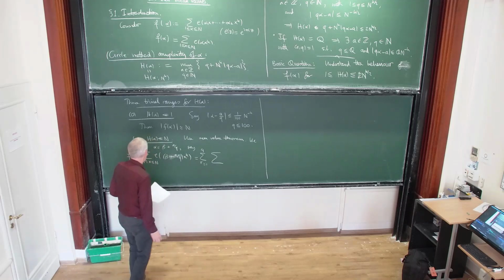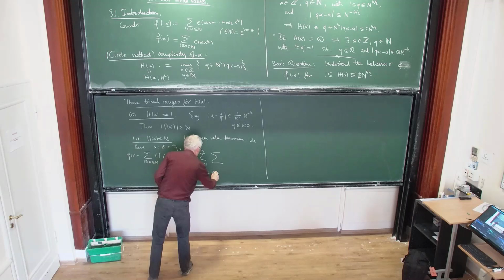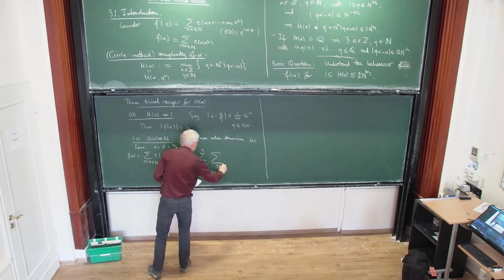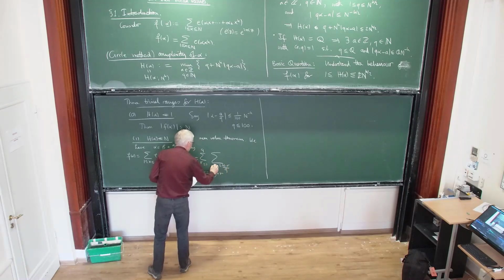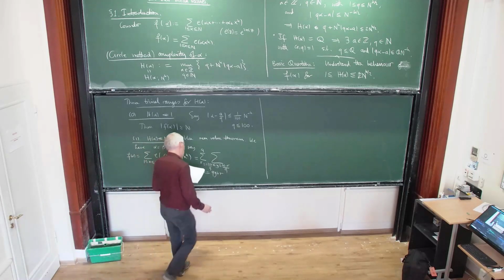And I want to think of x as being q times y plus r. So then this range for y, really it doesn't matter precisely what the endpoints are, maybe y goes roughly up to n over q.